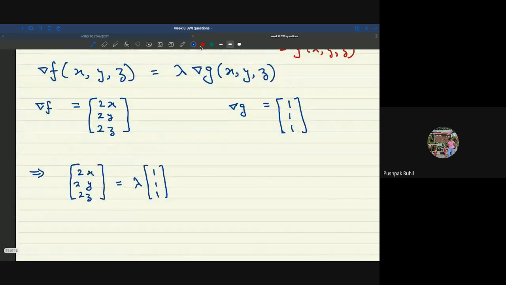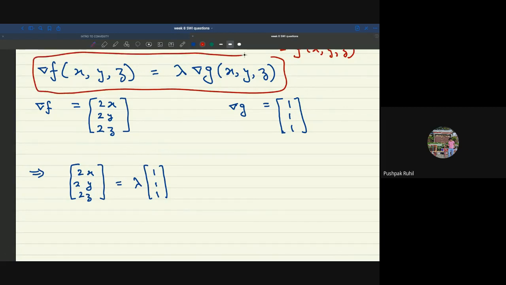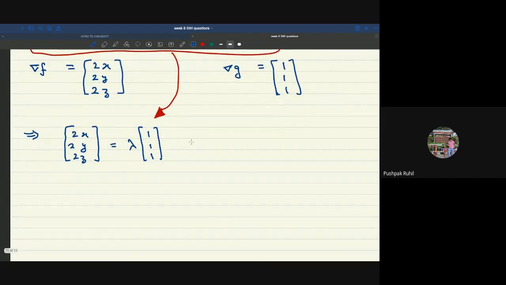So I am simply using this particular equation and I'm arriving at this particular expression. From here, I can say that now I have 2x equals lambda, 2y equals lambda, and 2z equals lambda.